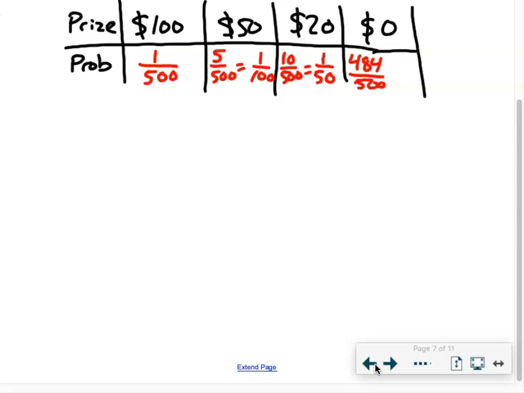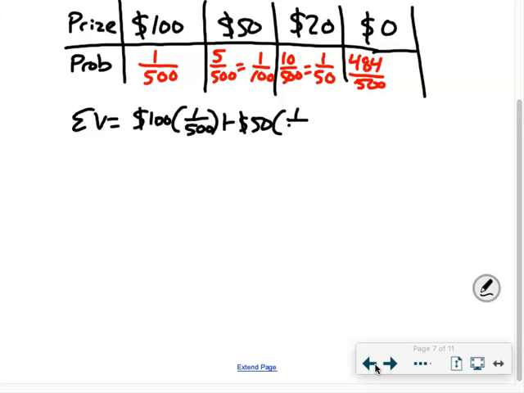Okay, so the expected value is $100 times the probability of winning $100, plus $50 times the probability of winning $50, plus $20 times the probability of winning $20. So for this one, we have 100 times 1 over 500.